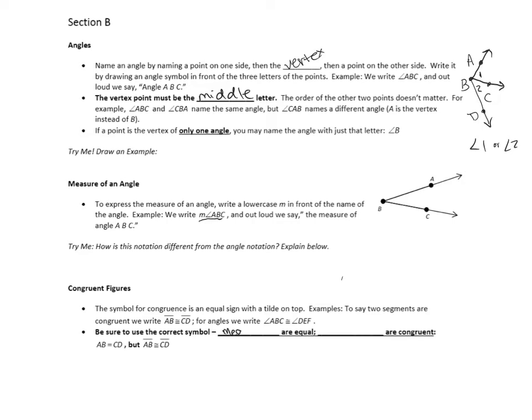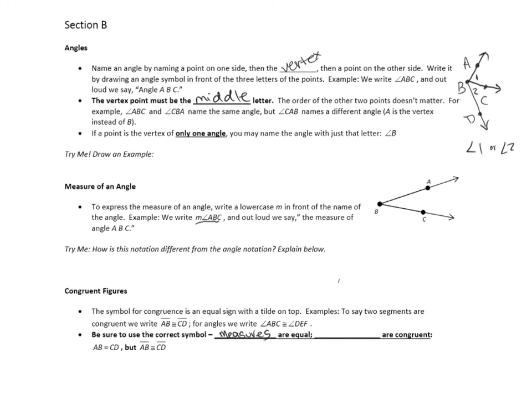Measurements, or measures, are equal, whereas objects are congruent. So AB is equal to CD implies that the actual measurements are equal. So measure of AB is equal to measure of CD.